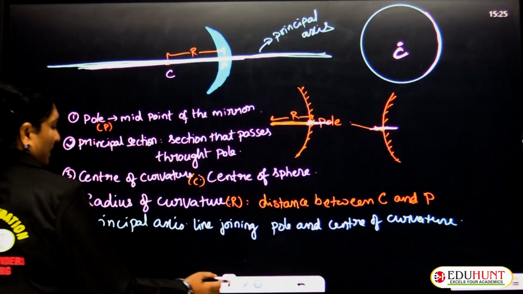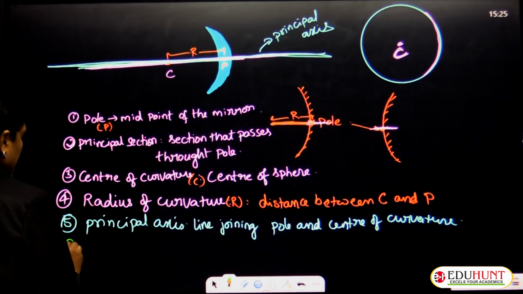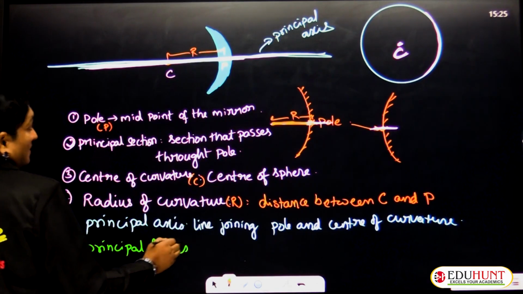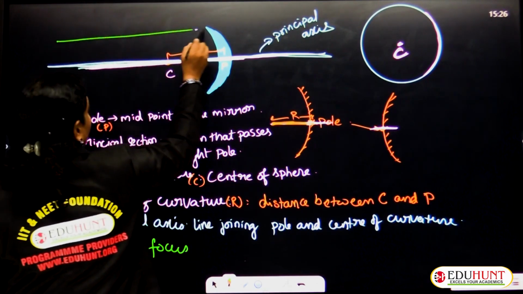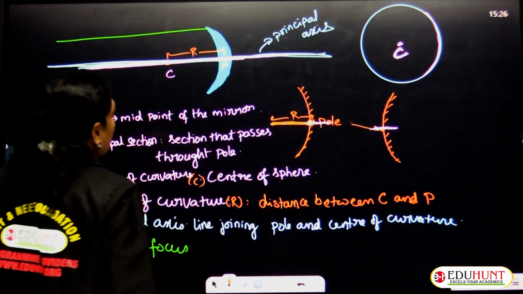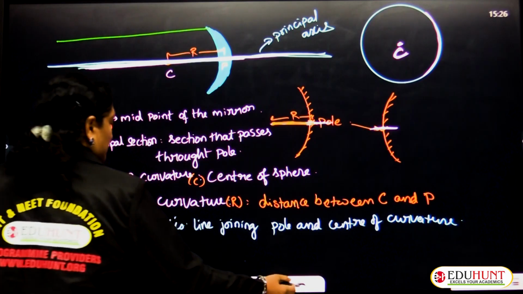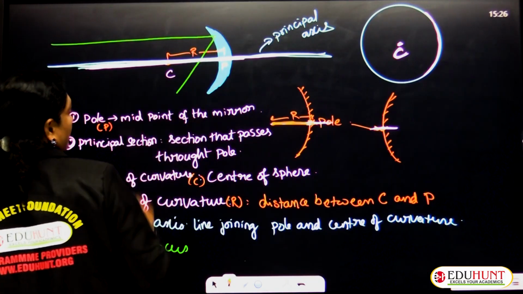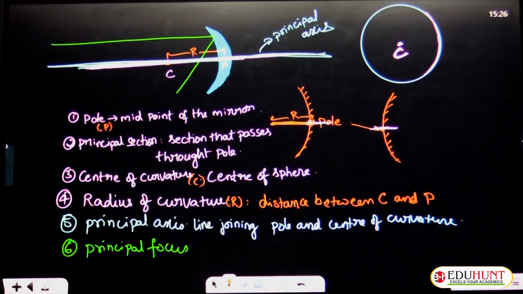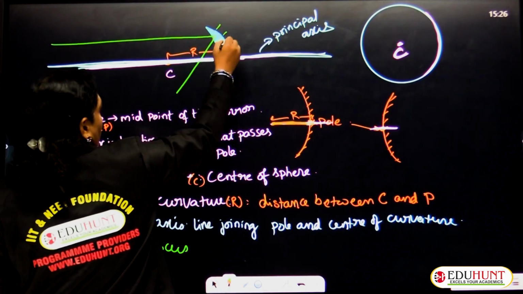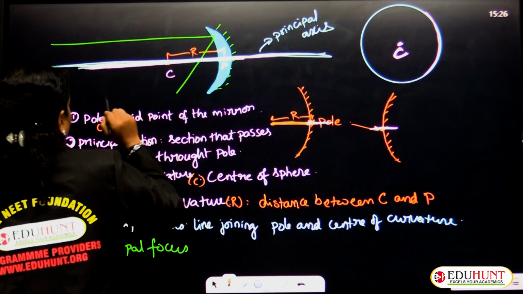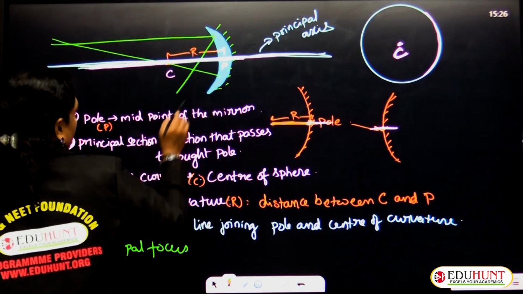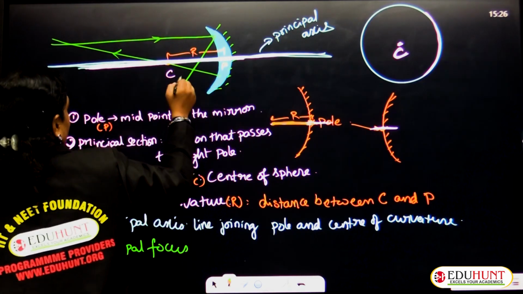Next is all about the principal focus. A parallel beam of light traveling parallel to the principal axis, after striking the mirror, will reflect back into the same region in the case of a concave mirror. Concave mirror means it is coated outwards. Whereas the light ray passing through the center of curvature is reflected back in the same direction.